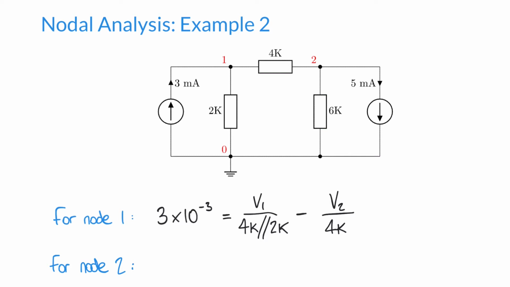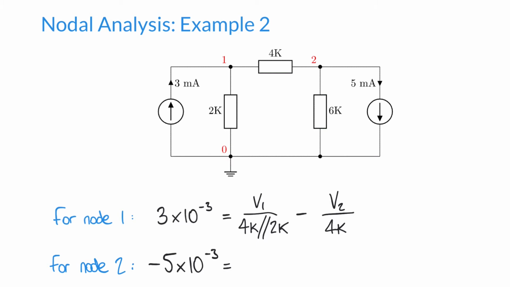This 5 milliamps is directly connected to node 2, but notice that it's flowing away from node 2, or out of node 2. And so we express that by making it a negative. We have minus 5 milliamps, as it's going to be in our case. And so we have minus 5 times 10 to the minus 3 as our current here.